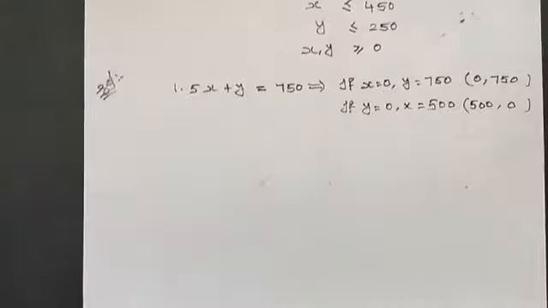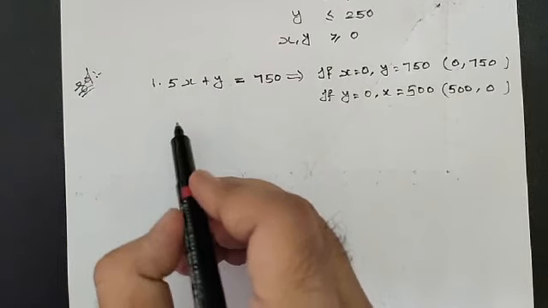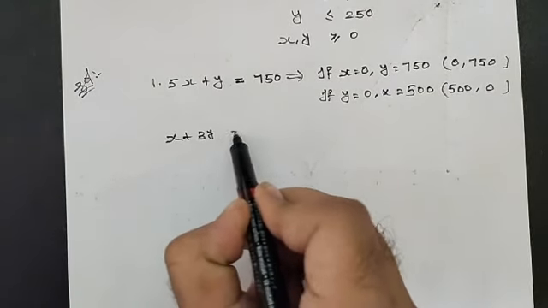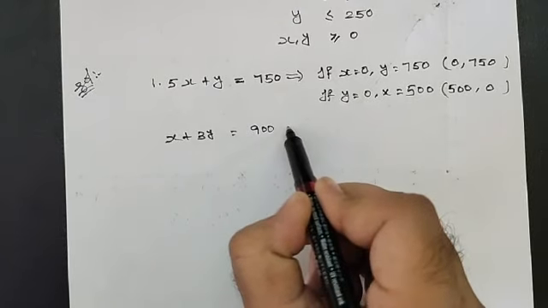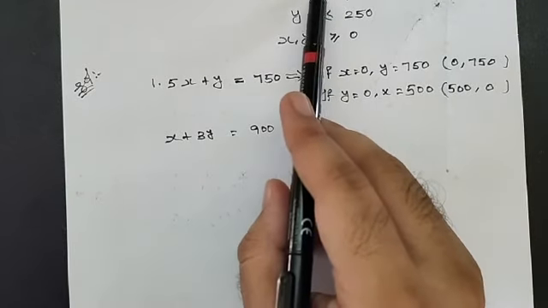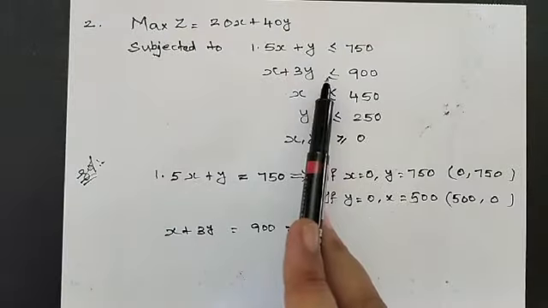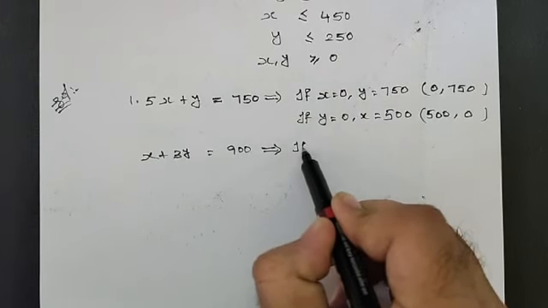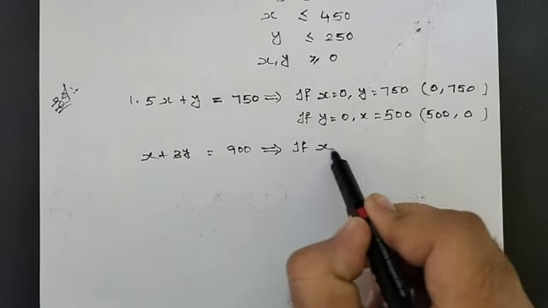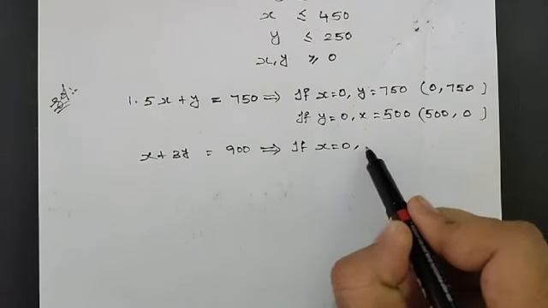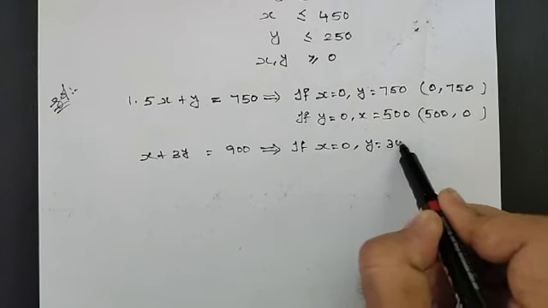Now let us see the second constraint. What is the second constraint? x plus 3y is equal to 900. Here I converted less than or equal to into equal to. To find the vertices of this equation, first if the value of x is equal to 0, then 3y equals 900 and y is equal to 300.